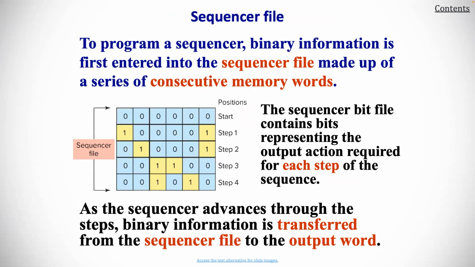To program a sequencer, binary information is first entered into the sequencer file, made up of a series of consecutive memory words. The sequencer bit file contains bits representing the output action required for each step of the sequence. As the sequencer advances through the steps, binary information is transferred from the sequencer file to the output word.